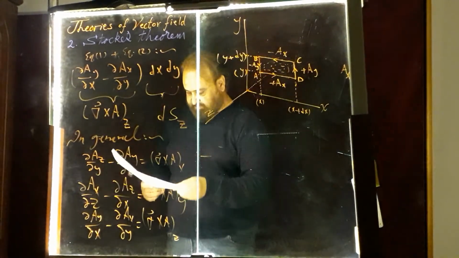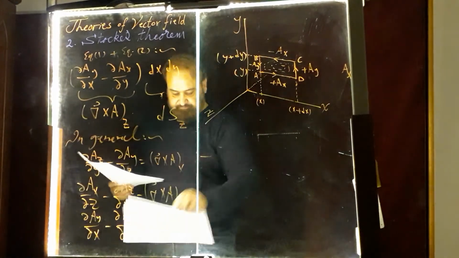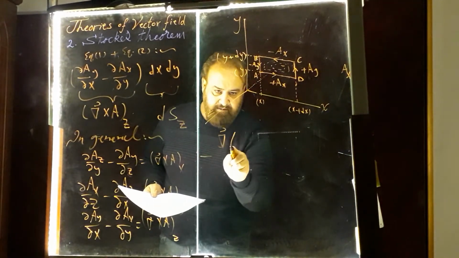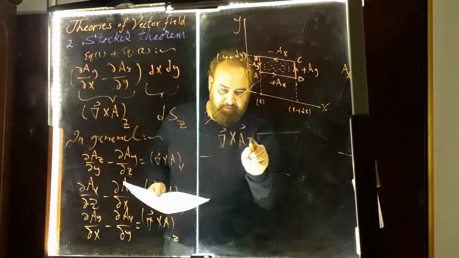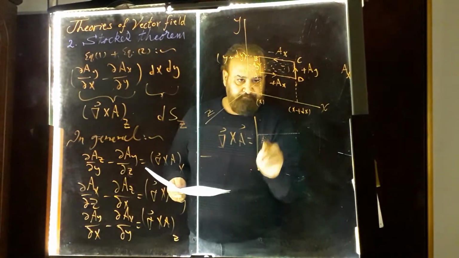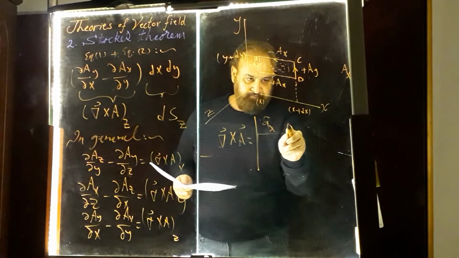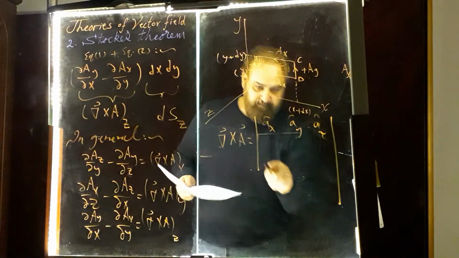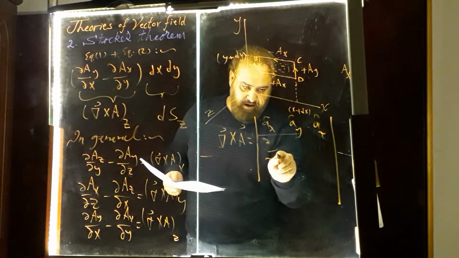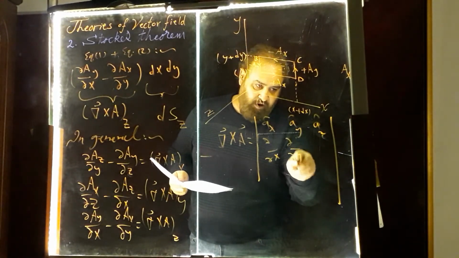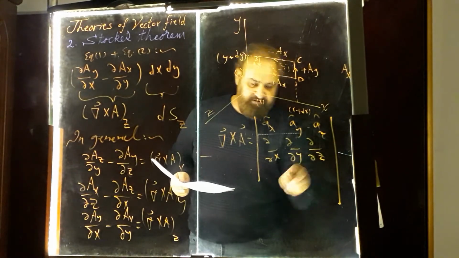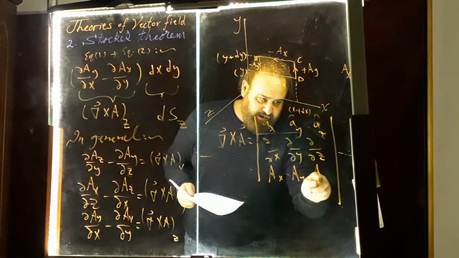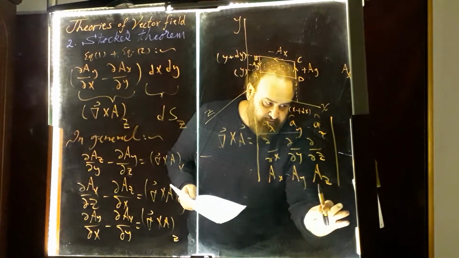These equations I can write by the matrix: the curl of A equals the determinant with rows x hat, y hat, z hat; partial x, partial y, partial z; and A sub x, A sub y, A sub z.